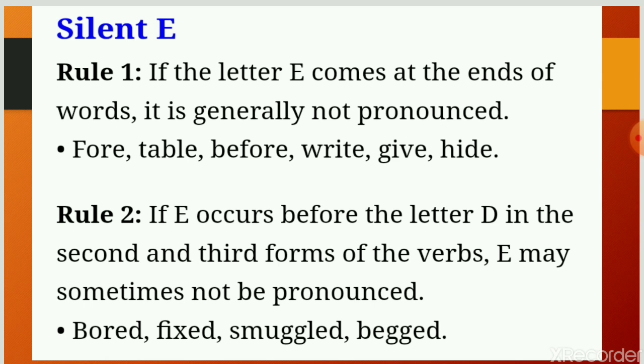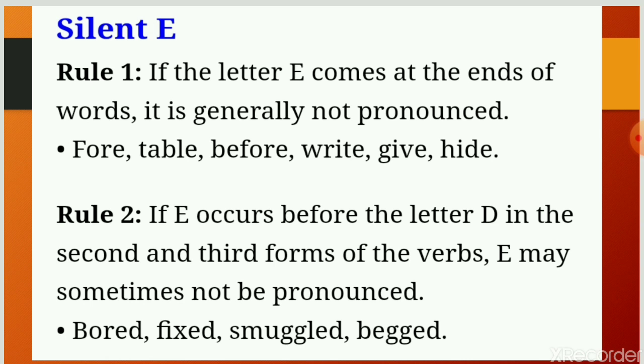Now we have rule 2 for E. If E occurs before the letter D in the second and third forms of verbs, E may sometimes not be pronounced. You can see very clearly that when E occurs before the D, we are not going to pronounce it.